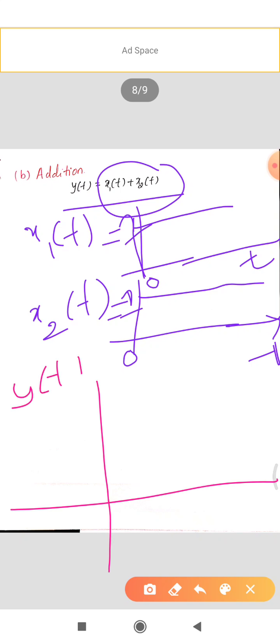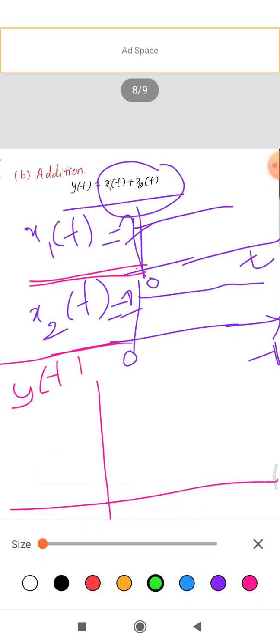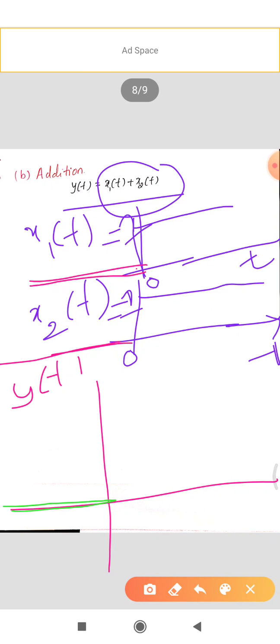Same graph I'll take. Before 0, what was this value? 0. What was this value? 0. 0 plus 0 again is 0. So till this much was 0 only, right? At 0, what was your first signal? It is x1 plus x2. So at 0, what was the magnitude of the first signal? It is 1.